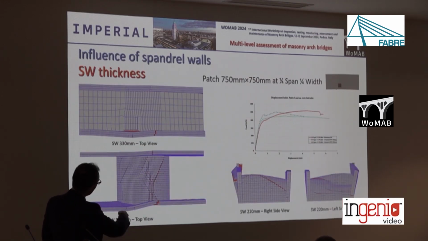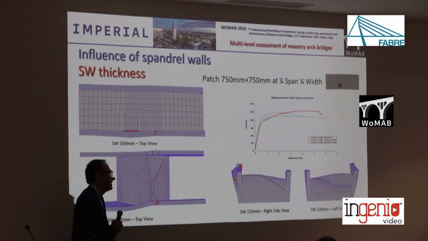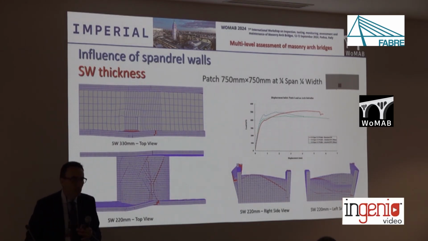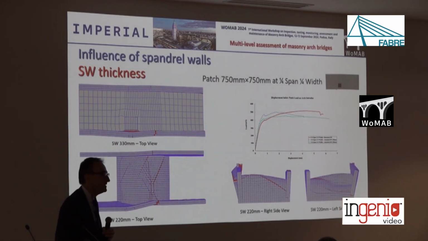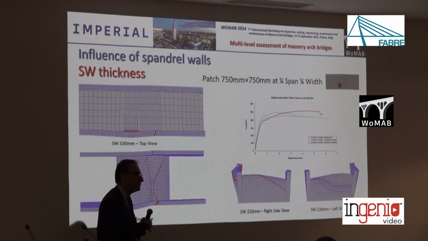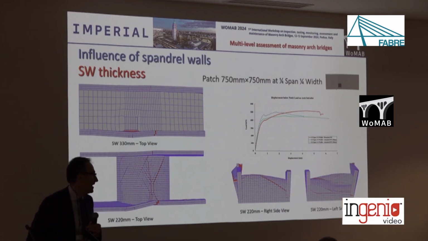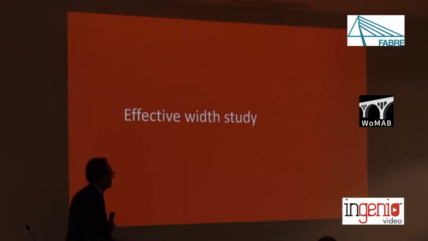For the same reason: out-of-plane deformation, cracking, and inability of the spandrel wall to confine the backfill, which again stresses the importance of allowing for the 3D characteristics of the response. Typically with 2D models, we disregard this interaction. We assume the backfill fully confined, and so we achieve a prediction which in some cases may be unconservative.